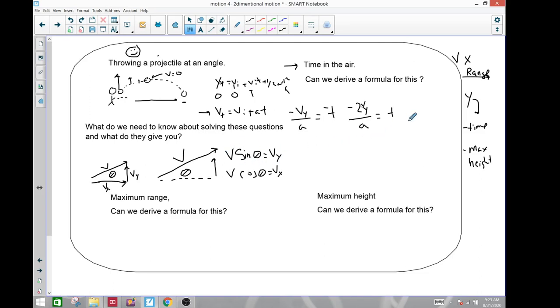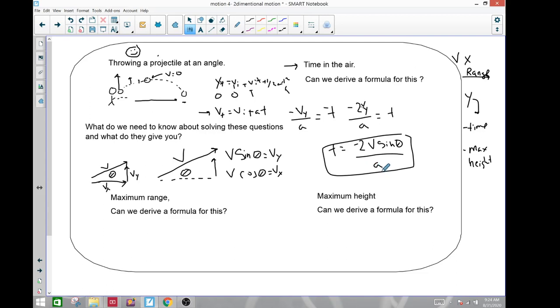So time equals negative 2, doubling it, times the velocity of the throw times the sine of the angle, which gives me that velocity of y, divided by the acceleration of gravity. And this will give me my time in the air regardless. I have my initial velocity, I have my angle, and I have my acceleration. This is just g, gravity.